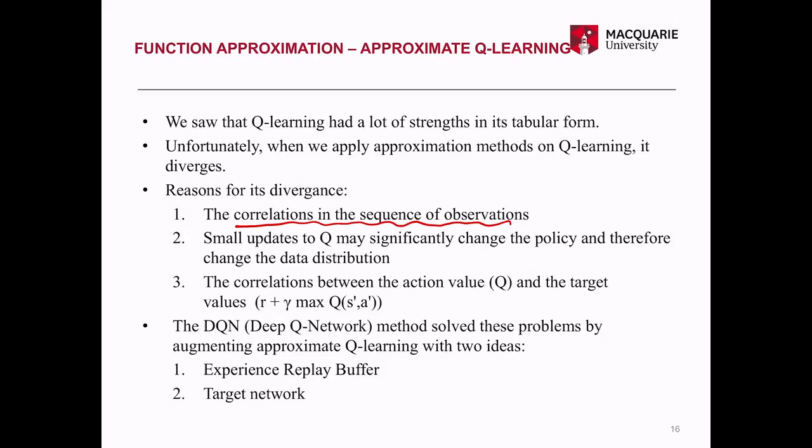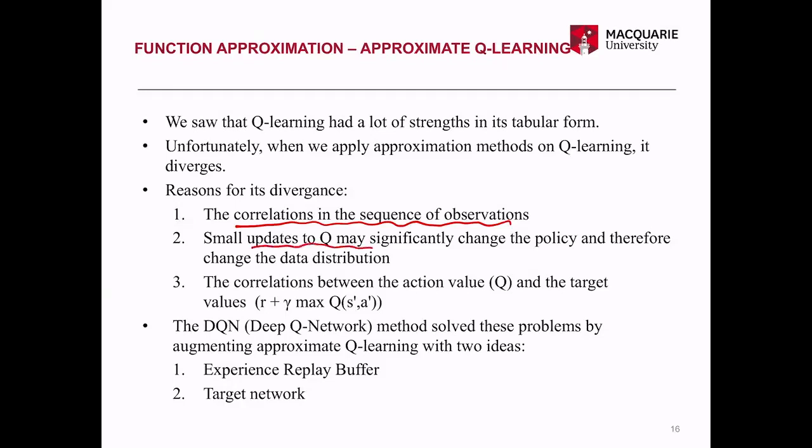And the problem is that you're updating your network with the trajectory that you're generating from your network itself. This leads to highly correlated data, especially when you're dealing with the gradient descent algorithm. One very important assumption of gradient descent is IID, the fact that data must be independent and identically distributed, which is violated in this example.